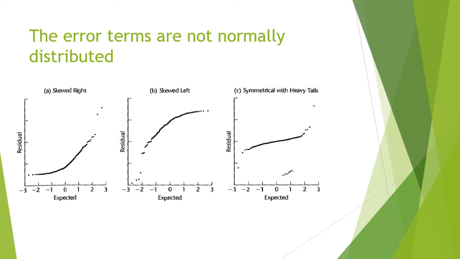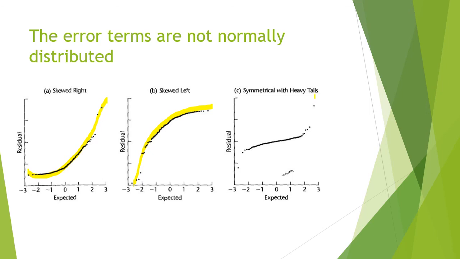Here are some more examples of graphs that do not show normal distribution. On the left, we have a model that is skewed right. And in the middle, we have a model that is skewed left.